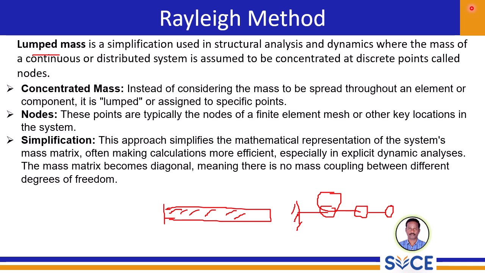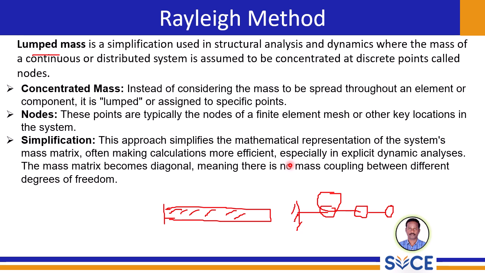The lumped mass approach offers several benefits. It significantly simplifies the mass matrix, making calculations easier and more efficient, especially in dynamic analysis and finite element analysis. Computational efficiency: yes, since it is a diagonal mass matrix, it is computationally easier to handle. However, it has some limitations.